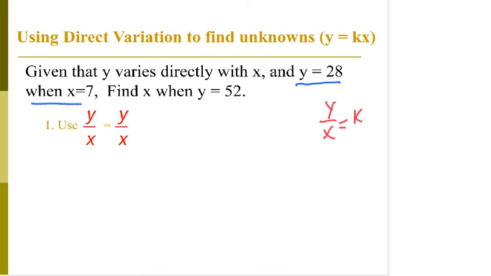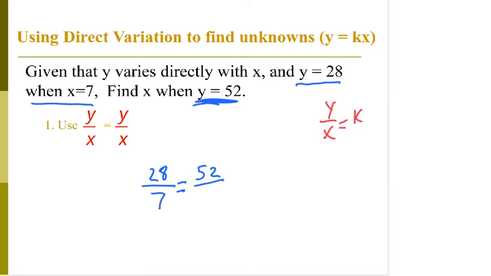But we also know that they describe the other y value as 52. So our other y value is 52, and we're trying to find out what x is. So we would need to solve this proportion in order to determine the value of x.